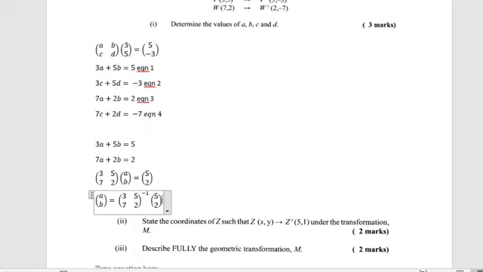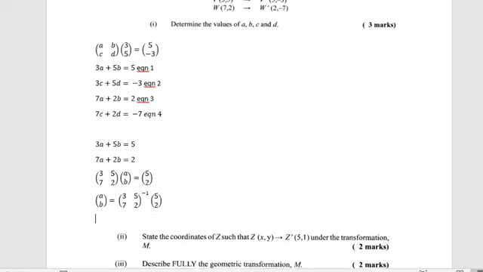So now what we'll need to do is to first find the inverse of this, which is basically finding the determinant and then switching the main diagonal and then changing the signs on the other diagonal.